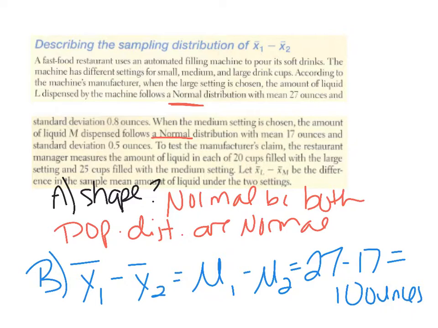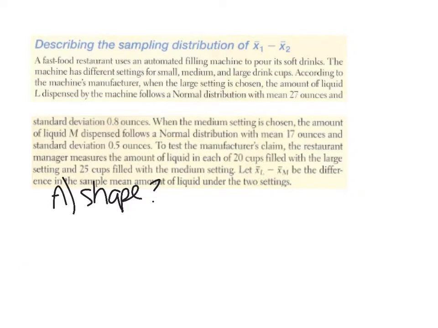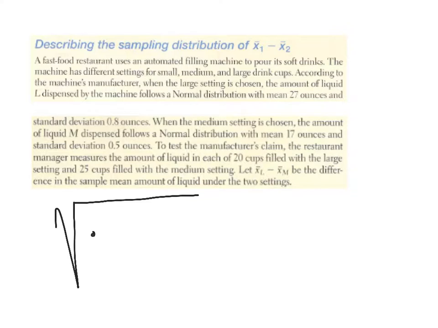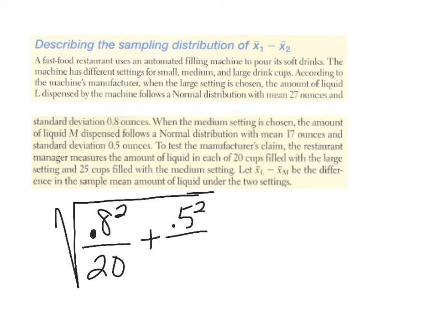And then the last part, part C, asks for the standard deviation and an interpretation of the standard deviation. So for the standard deviation, I'm going to use my sample 1 standard deviation, which is 0.8, square that over the 20 samples I took, and then add that to my sample 2 standard deviation squared over the 25 samples I took, and I'm going to get 0.205 ounces.